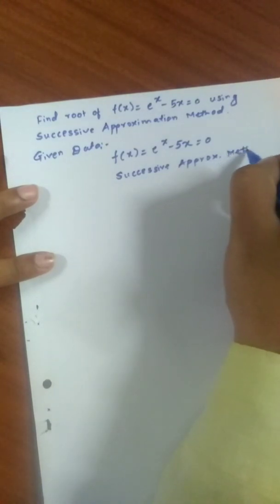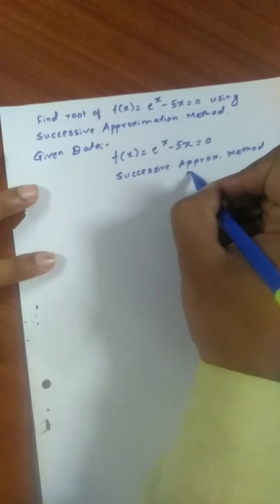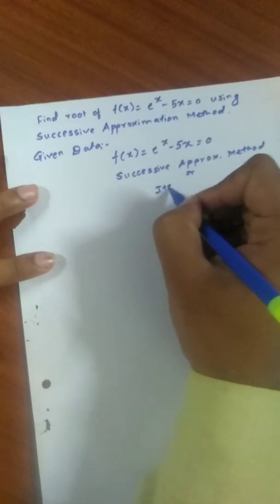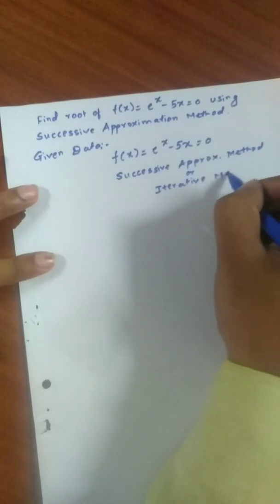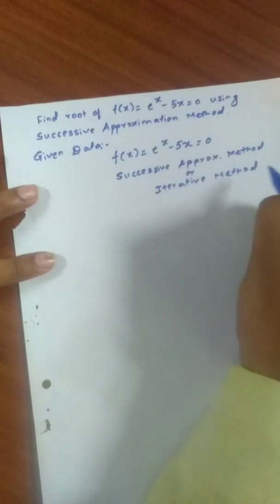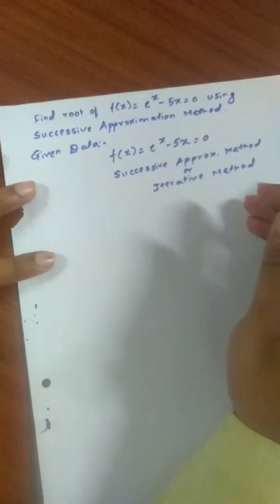Or they might give you the iterative method instead. So these both methods are the same. The successive approximation method is also called the iterative method.